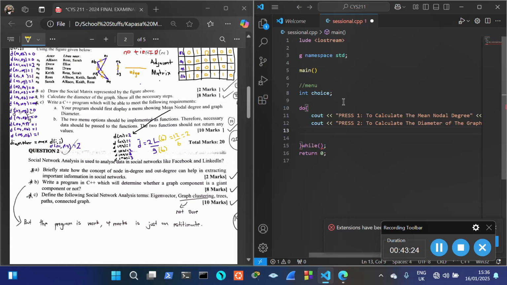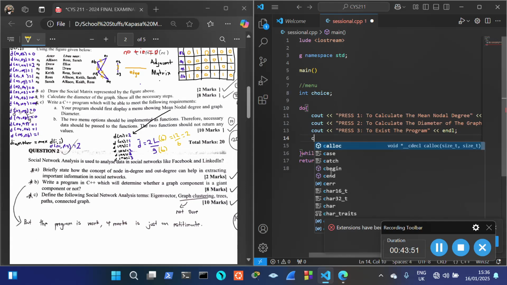Then I'll say cout to print another statement. I can say press 3 to exit the program. Press 3 to exit the program. So again, I say endl and end my line. So now each and every choice we are making is linked to this choice.